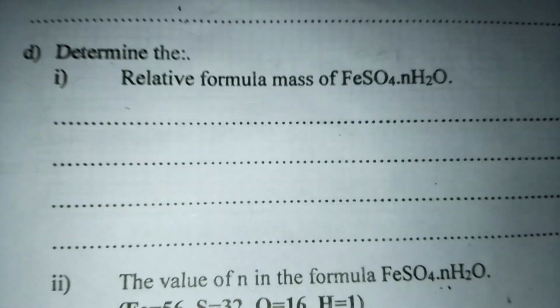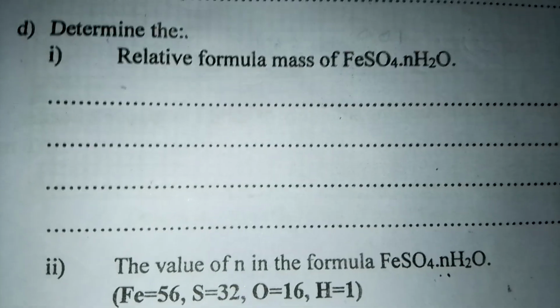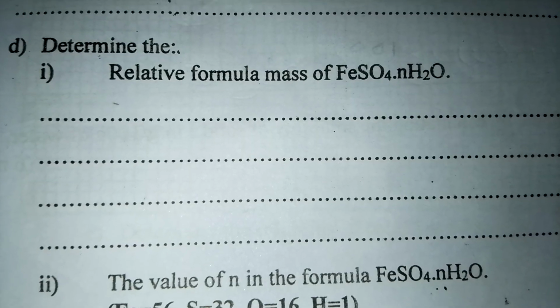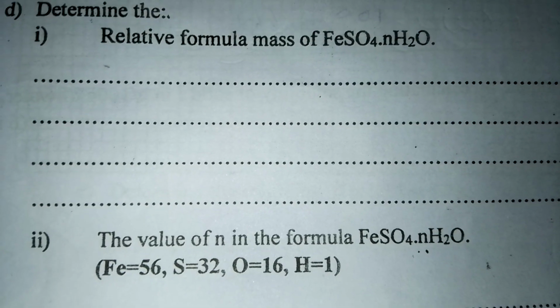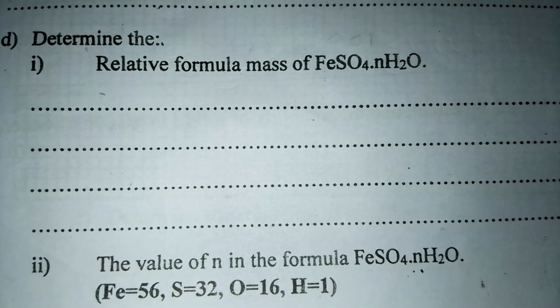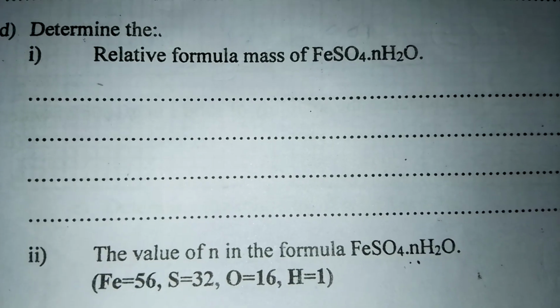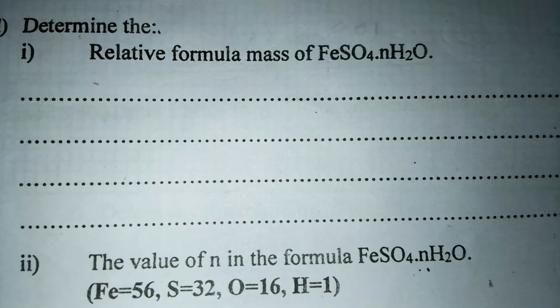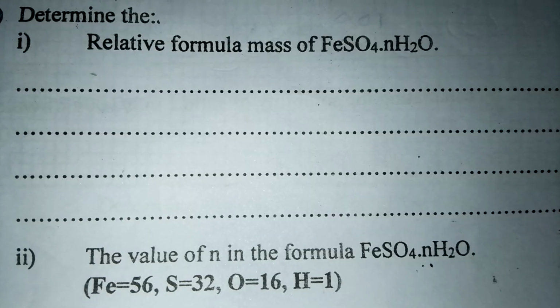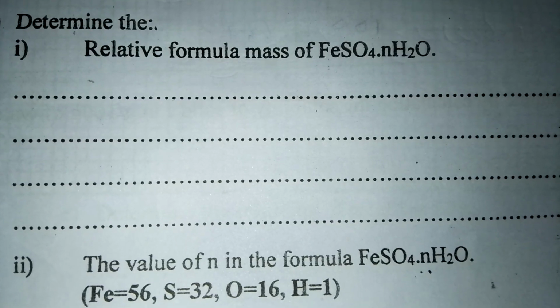And we have also been required to determine the value of N in the formula of that iron(II) sulfate with N water of crystallization. Given that the relative atomic mass of iron is 56, sulfur is 32, oxygen is 16, and hydrogen is 1.